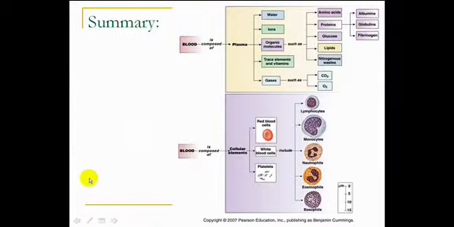Okay, so here's a little summary of what blood is composed of. We talked about that blood is composed of plasma and then its formed cellular elements. We talked about what you would find in the plasma. It's mostly water, 90% water. You find some dissolved ions like sodium, potassium, some organic molecules. We talked about all the proteins you would find, your albumin, globulins, fibrinogen.